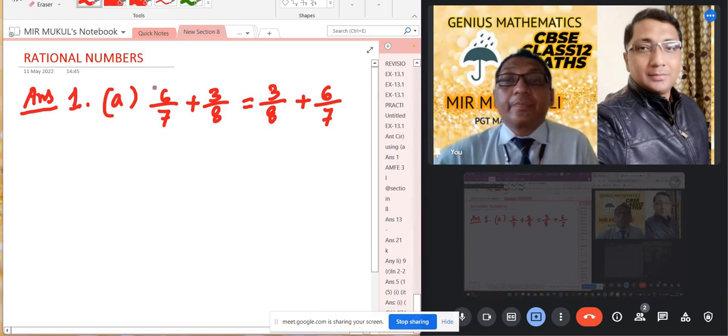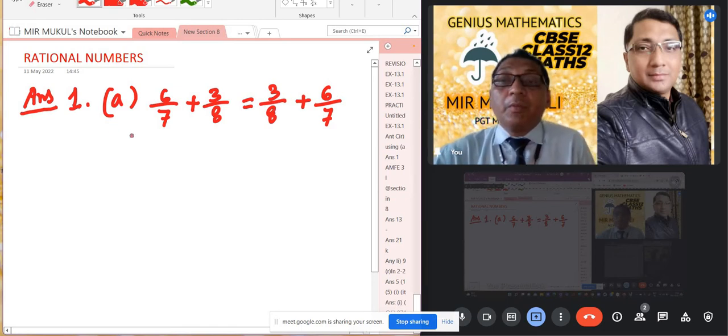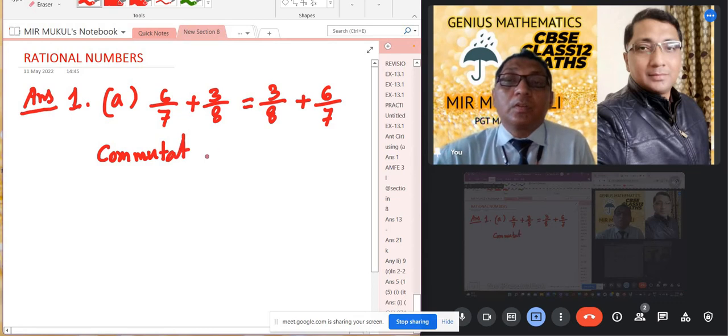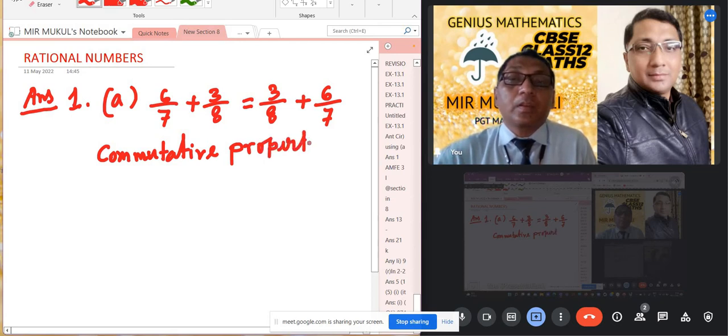So just see here, it is A plus B equals B plus A. So the name of the property will be commutative property, right?